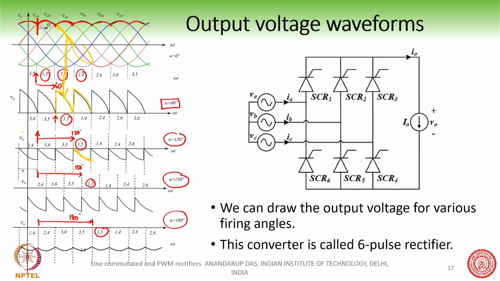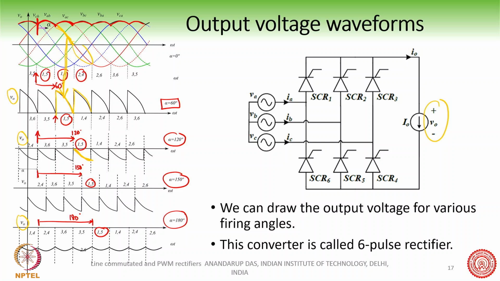So these are the V0 voltages you can see. Sometimes they are all positive, sometimes partly positive, partly negative, sometimes fully negative. And so this output voltage here is fully controllable. You can change the average output voltage, going from full positive to full negative.